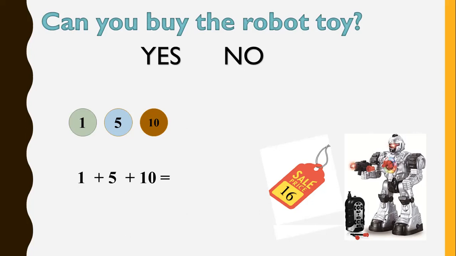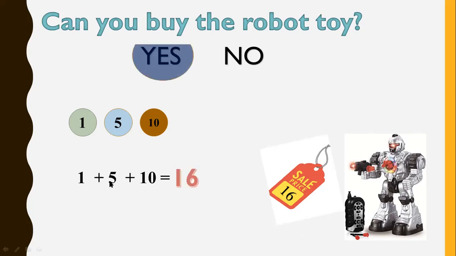1 plus 5 plus 10. 1 plus 5 is 6, and 6 plus 10: 10 in the mind and 6 in the fingers. What comes after 10? 11, 12, 13, 14, 15, 16.